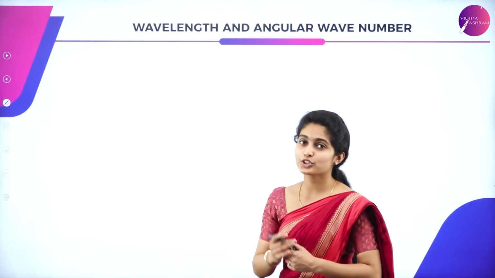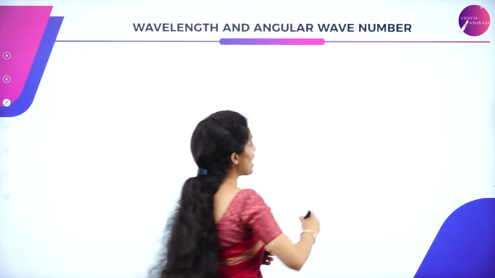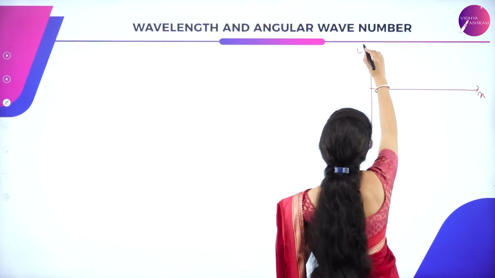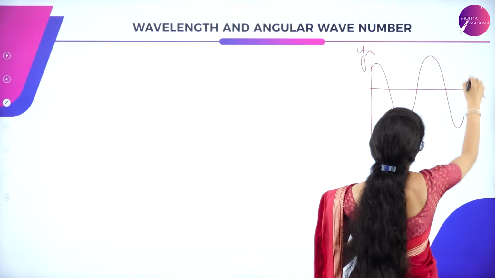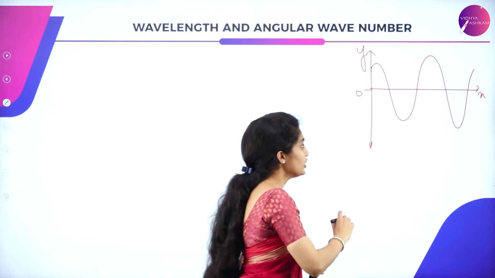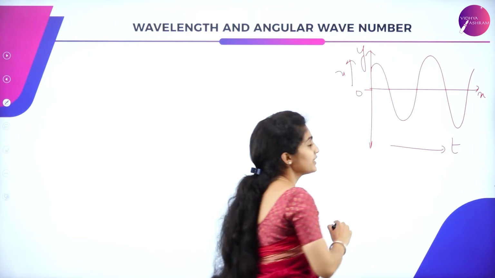Now we are going to wavelength as well as the angular wave number. So we have a sinusoidal wave, and this is said to be O, that is the origin. This represents the time, and this represents the displacement.